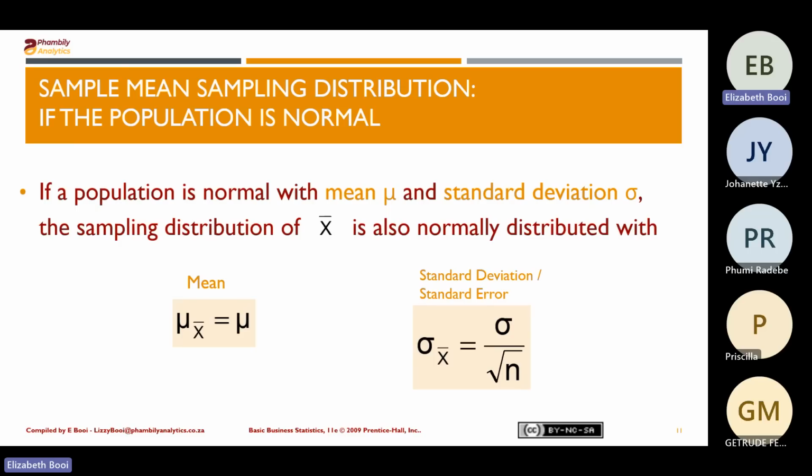And this is if and only if your population is normally distributed.